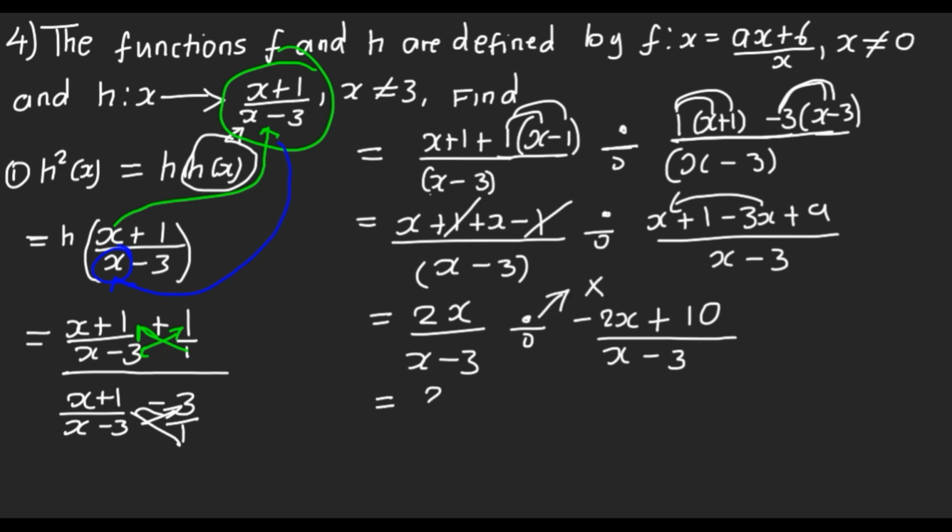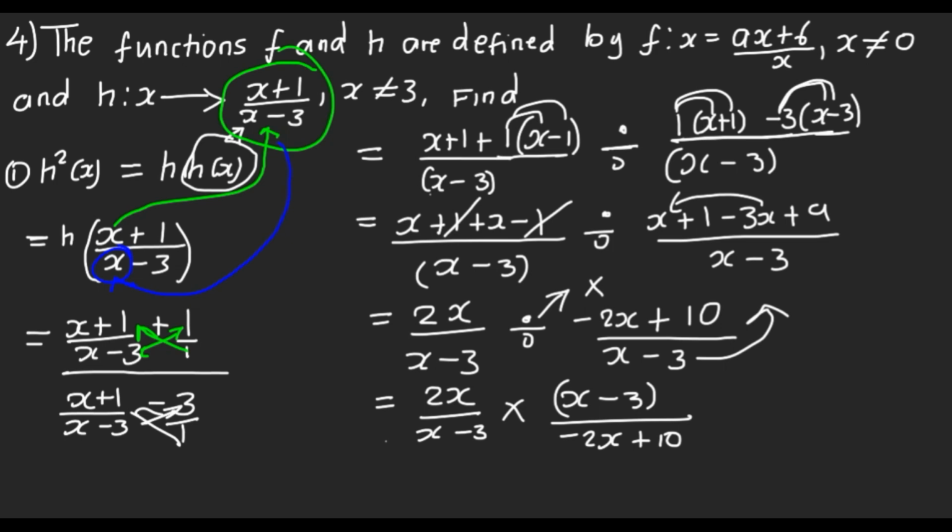So we'll keep the first fraction just the way it is. If we do this, then this part will go on top, giving us x minus 3 over negative 2x plus 10. So we can see that we can cancel this. If we cancel this, we're remaining with 2x over negative 2x plus 10.